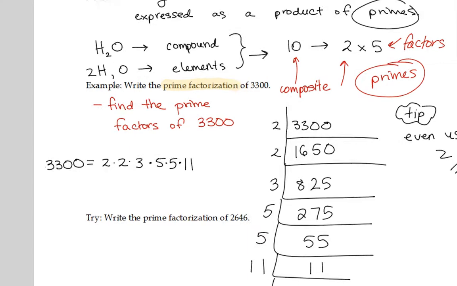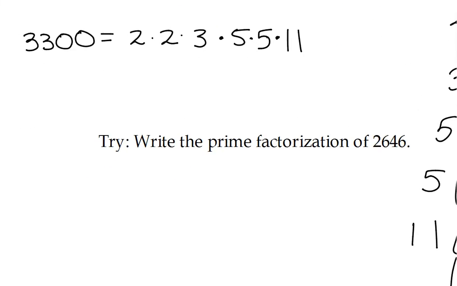Anywho, let's keep going. Is it nice to write it like that, or is that really annoying? It's kind of long. So what symbols do we use to represent repeated multiplication? Exponents. We have how many factors of 2? 2.